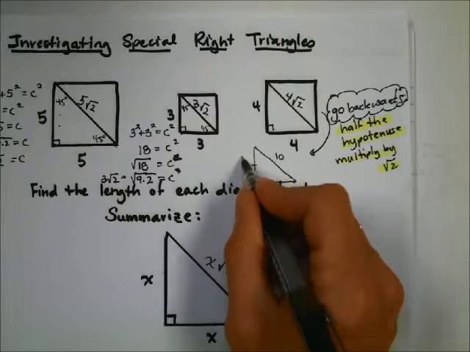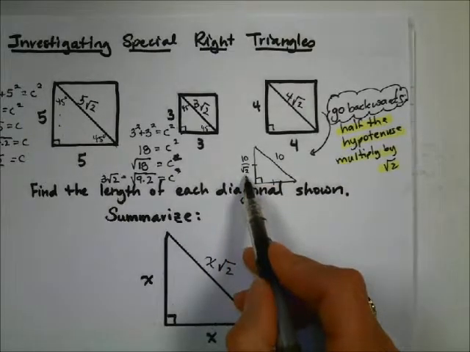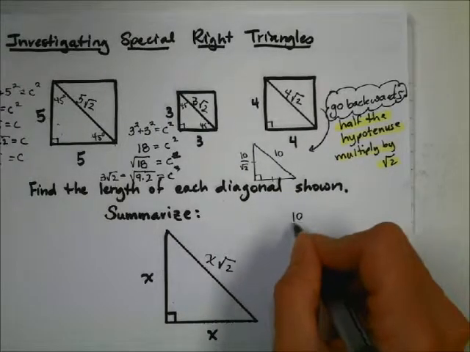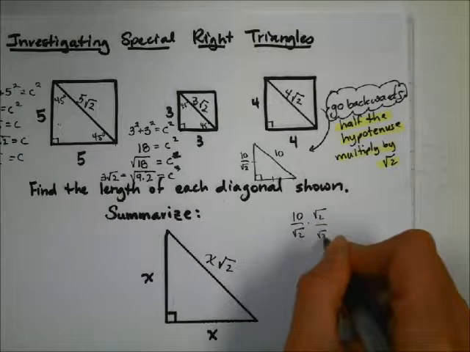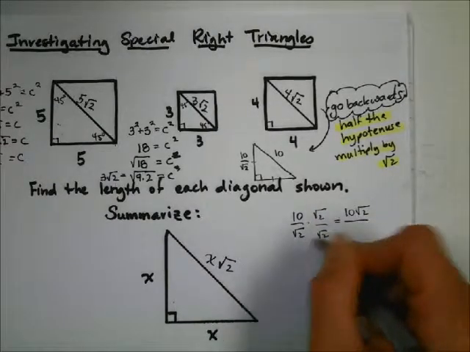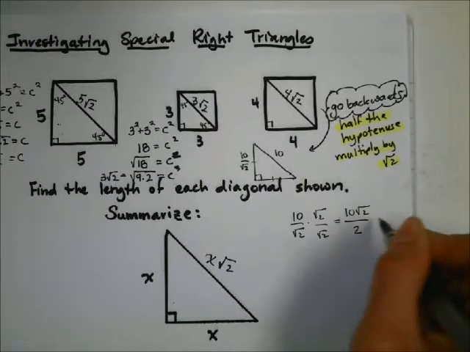And then we decided that we can't leave the square root of 2 on the bottom of that fraction, so in order to get rid of that, you rationalize the denominator. So we multiply the top and the bottom times the square root of 2, and we got 10 square root of 2 over the square root of 4, which is 2. And that actually just equals 5 square root of 2.